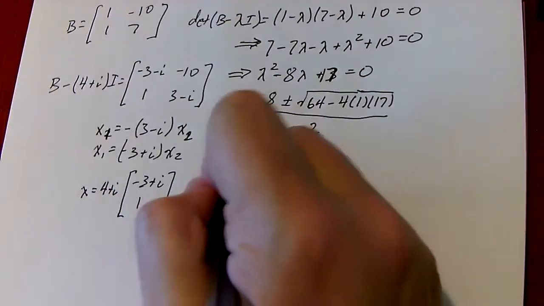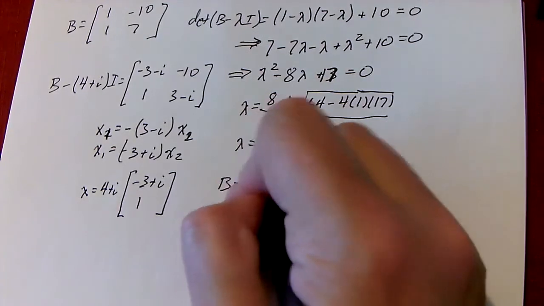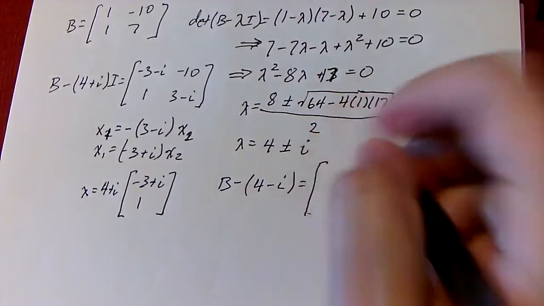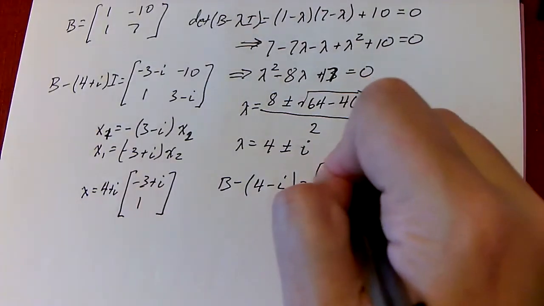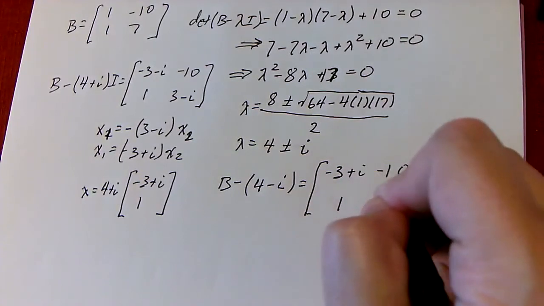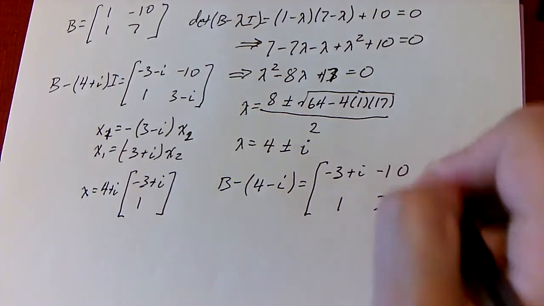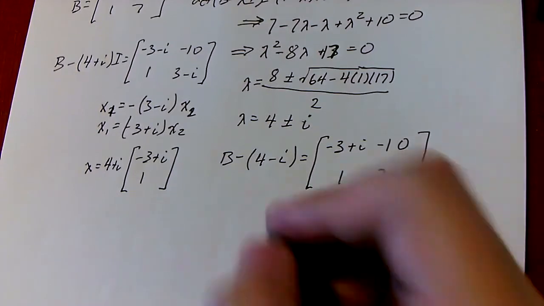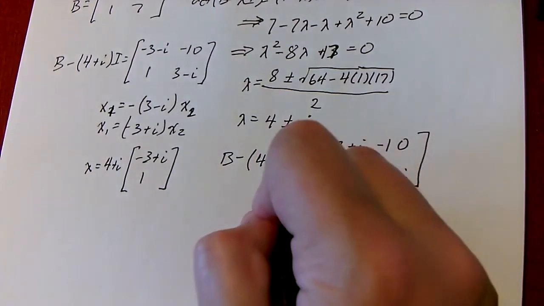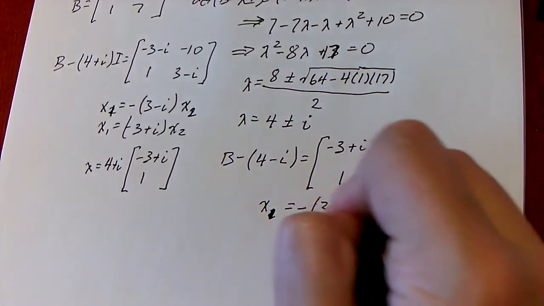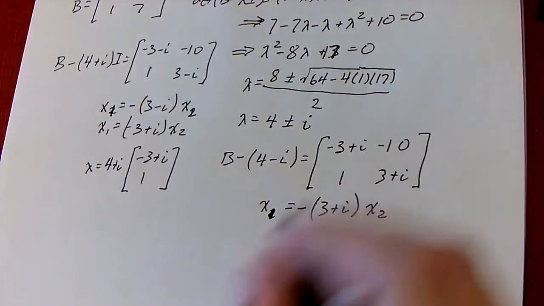Okay, same process for the others. A minus (4 minus i) I. Okay, and again, we just get the conjugates. So we're going to get negative 3 plus i, negative 10, 1. We're going to get 3 plus i. 7 minus 4 is still going to be 3. 1 minus 4 is still going to be negative 3. Okay. So again, I'll have that x1 is equal to negative 3 plus i, x2.